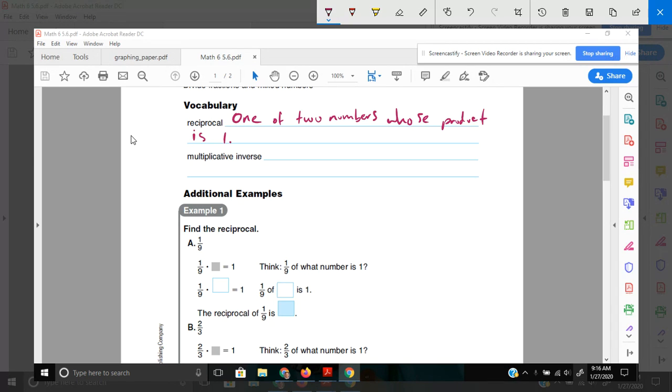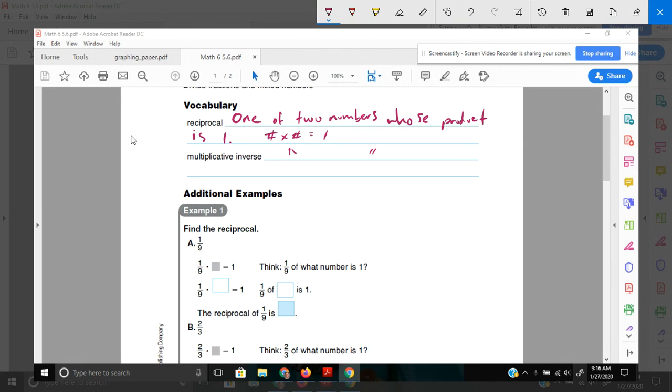And remember, product means when you multiply. So what this is saying is when you take a number and you multiply it by another number, it gives you 1, right? And actually, the multiplicative inverse is the exact same definition.